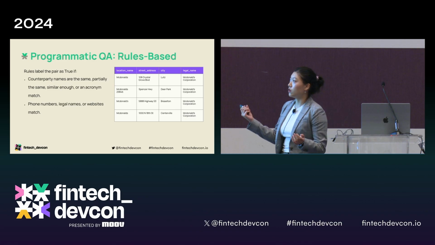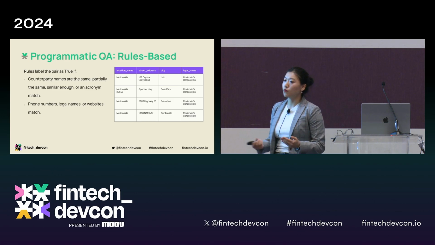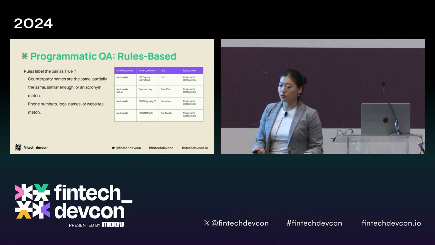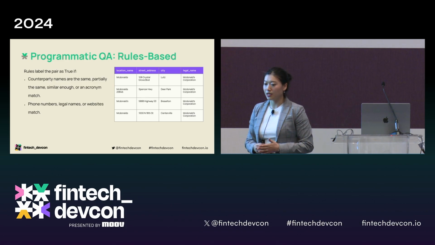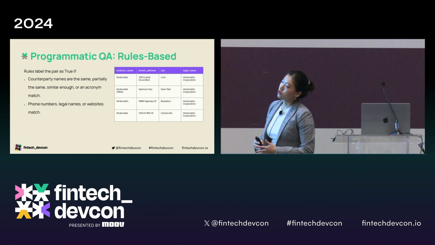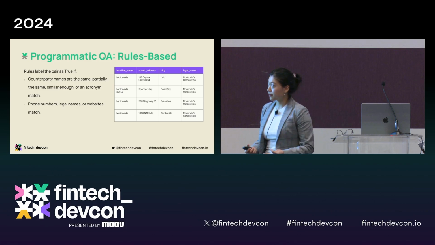On a high level, we create some predefined rules. For example, counterparty names should be the same or similar enough. At the same time, the pairs should share exactly the same phone numbers or legal names or websites.